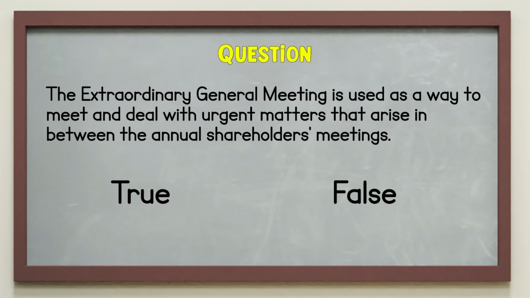Question. The extraordinary general meeting is used as a way to meet and deal with urgent matters that arise in between the annual shareholders meeting. True or false?